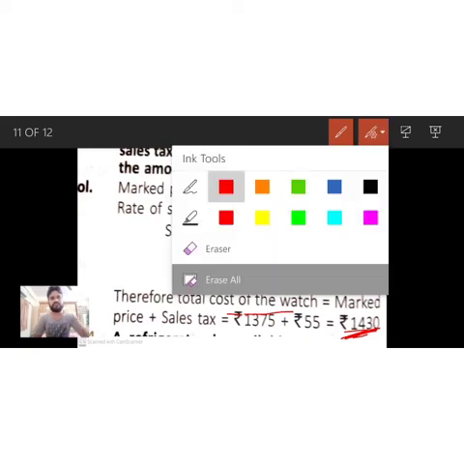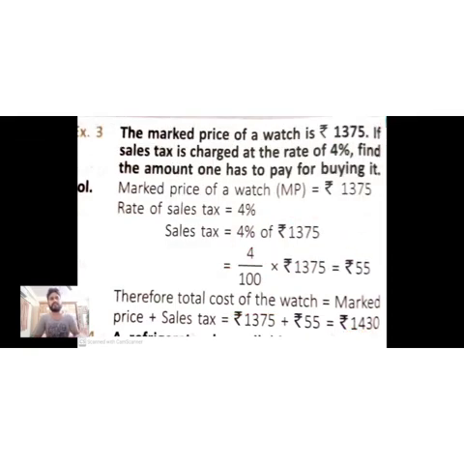As I told you, the sales tax is always charged on the selling price, and here the marked price is the selling price of the watch.